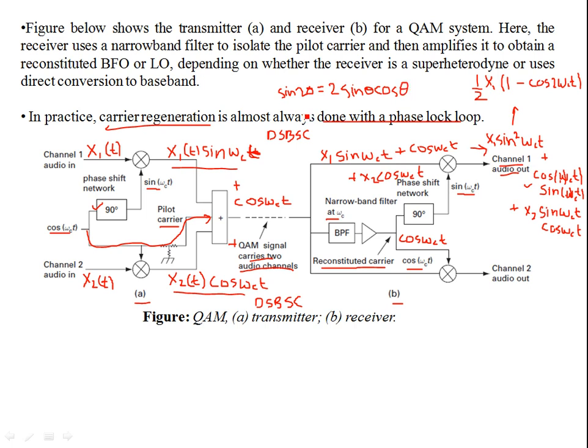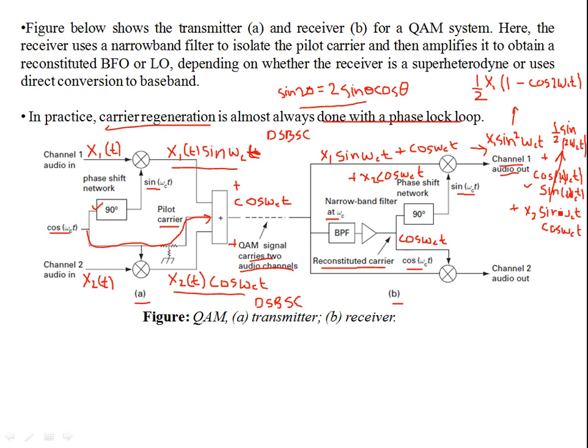So if you filter out this term, it will be equal to half sine 2 omega ct. I'll write this down over here, 2 omega c times t. A bit slow, but anyways.